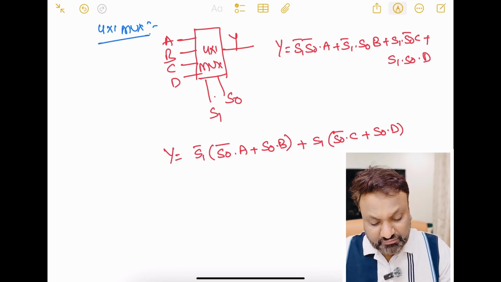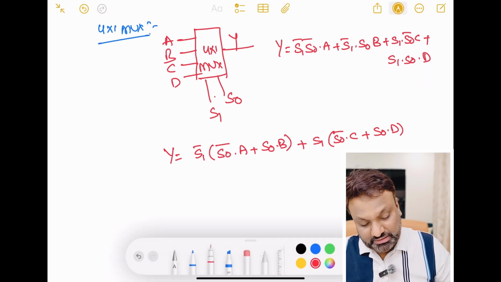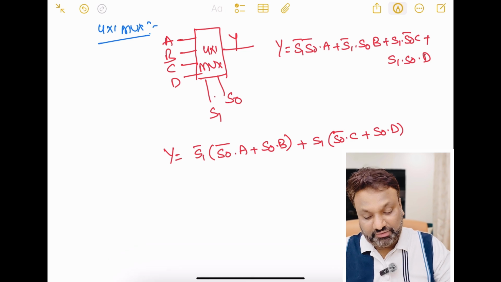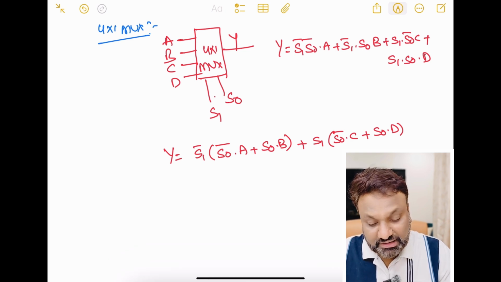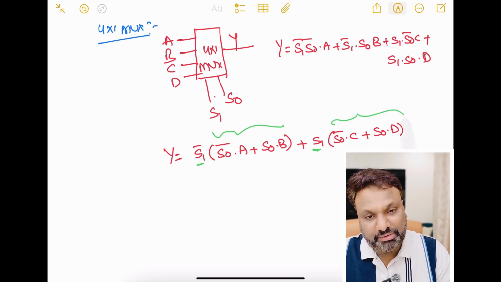We will make use of this equation and try to draw the diagram. As in the 2x1 multiplexer, we have arranged the equation in the form of S1 bar and S1. That means if S1 is equal to 0, this will be my output, and if S1 is equal to 1, this will be my output.